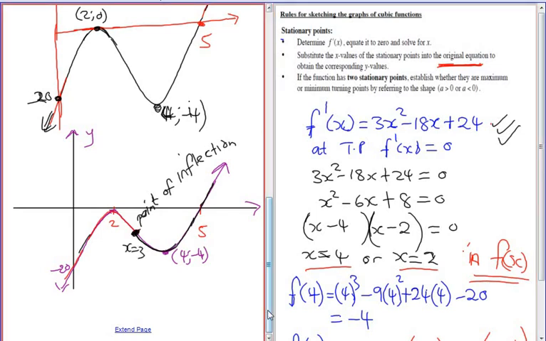I always tell people that if you have two turning points like this, the point of inflection, we call it the point of inflection like this. This point of inflection happens to be the midpoint, actually. It's the midpoint of the turning points.